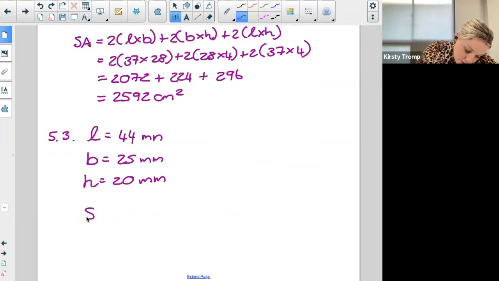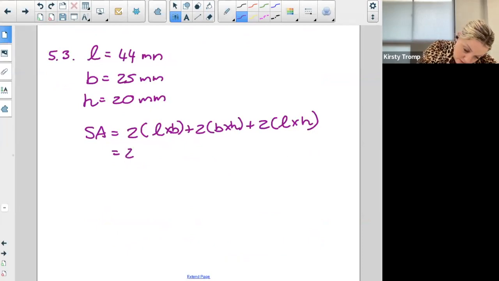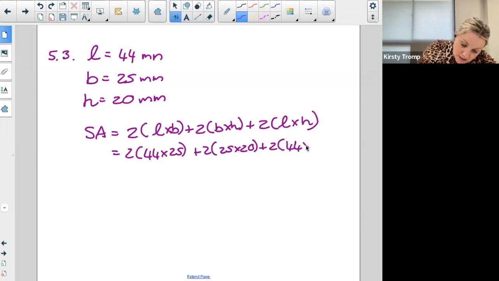We're going to have surface area equals 2 open brackets, length times breadth plus 2 breadth times height plus 2 length times height. 2 times 44 times 25 plus 2 times 25 times 20 plus 2 times 44 times 20.